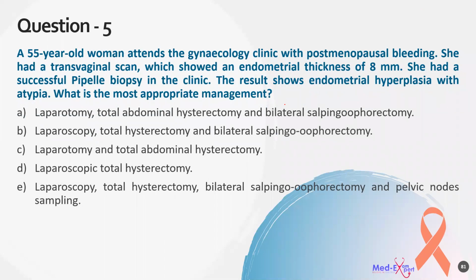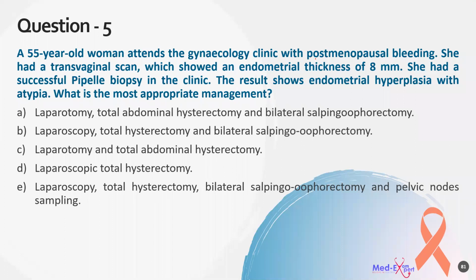A 55-year-old woman attends the gynecology clinic with postmenopausal bleeding. She had a transvaginal scan which showed an endometrial thickness of 8 mm. She had a successful pipelle biopsy in the clinic. The result shows endometrial hyperplasia with atypia. What is the most appropriate management? B, sir.